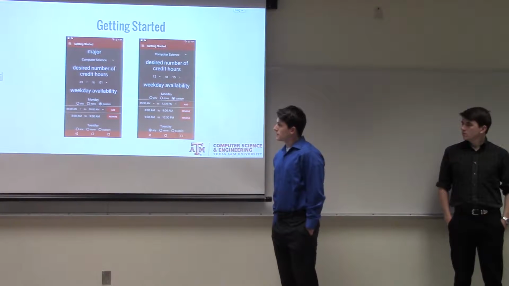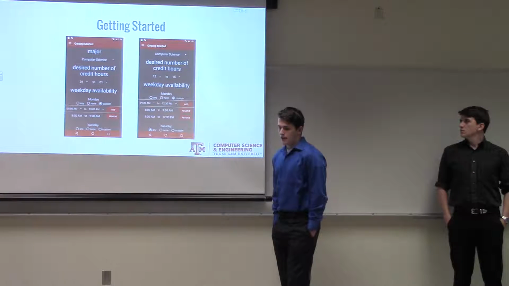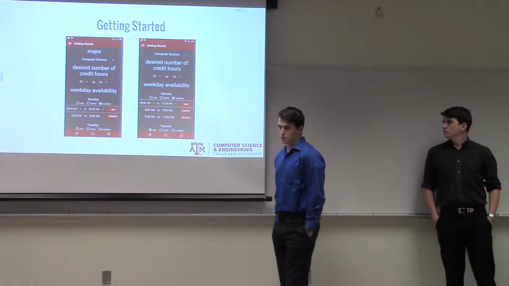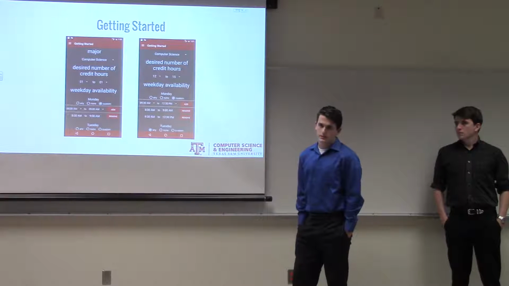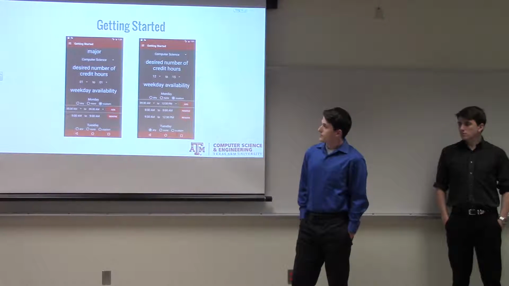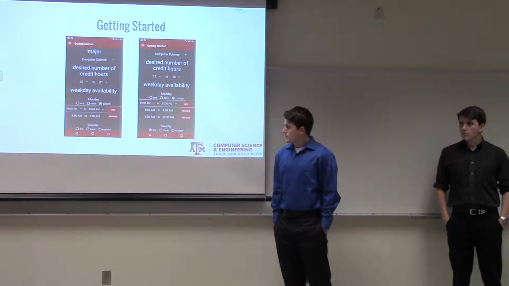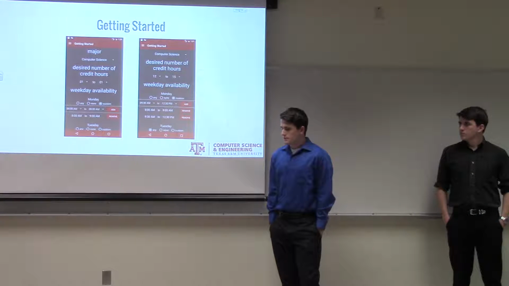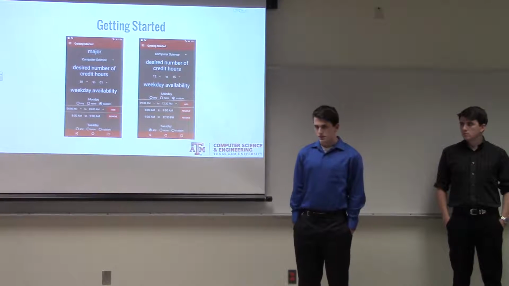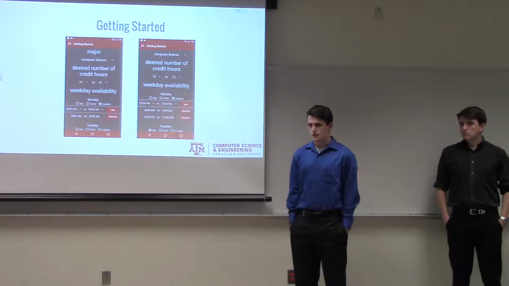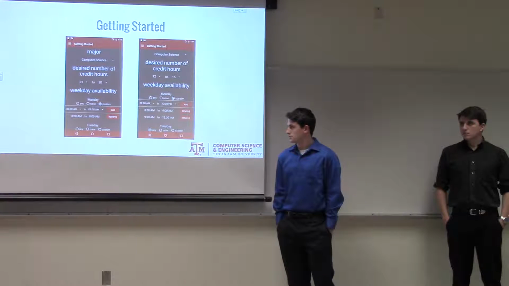The desired number of credit hours, so that after they've entered the credits that they plan to take, we can fill in the gaps and meet that sort of criteria. And then their weekday availability. Any conflicts with their availability for any day will be checked against the suggested courses, and if it doesn't work with their schedule, it'd be removed.